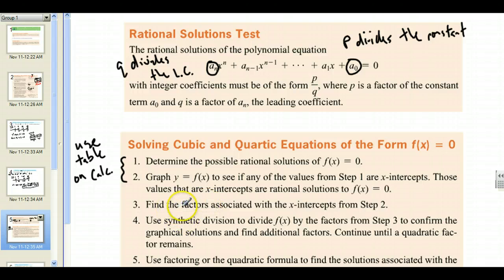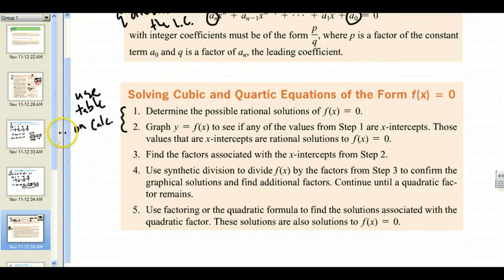And then after you use that table, you're going to use synthetic division until you get to a quadratic, meaning the highest power is 2, and then you use factoring or the quadratic formula to get those last couple of solutions. So again, you could pause this and write these steps down, but after you see me do it a few times, hopefully you'll get the idea.